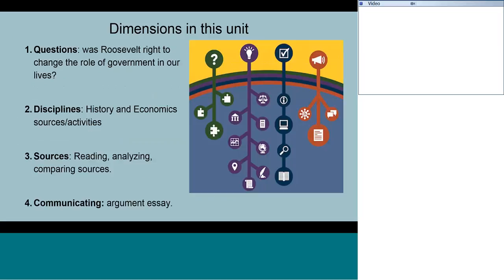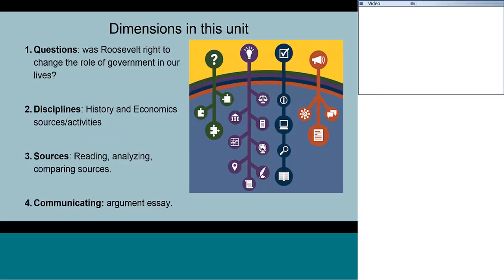And next slide, please. So to review, when I look at the 4 dimensions in this unit, I came up with the compelling question that students are using and the supporting questions. The disciplines that we were working with include both history and economics and a variety of sources and activities for both.